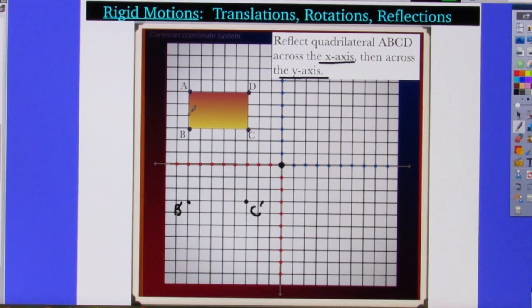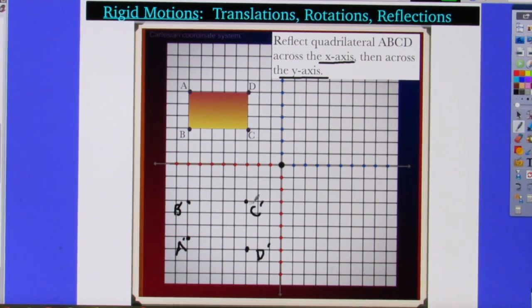And 1, 2, 3, 4, 5, 6 above for the A, so 1, 2, 3, 4, 5, 6 for A prime. I'm going to draw this whole thing in here first, and then I'm going to reflect it across the y-axis like it asked me to. So D, of course, is 6 above, D will be 6 below, and there it is.